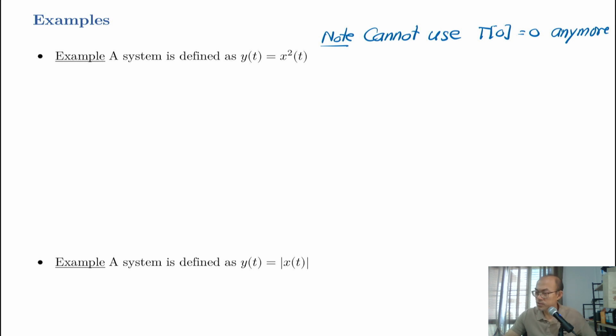So what we're going to do is give a counter example. Again, to show that something is not true, we only give a counter example. But to show that something is true, we need to show that it is true for everything, for an arbitrary signal. So now we're going to show that it is not linear, so we're going to give a counter example.